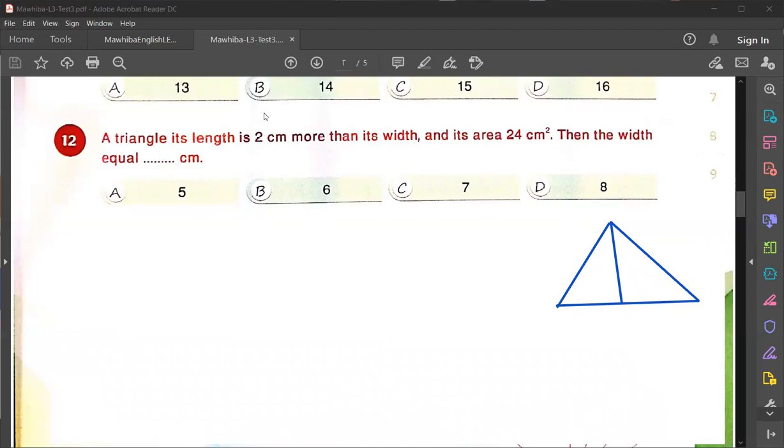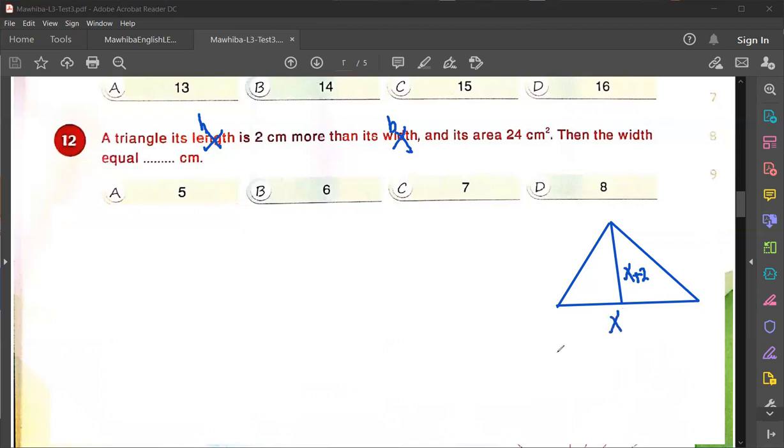So we have a mistake here. Not length, it is base. Now we put it here, this height, and here it is the base. So height is x plus 2, because the height is greater than the base.